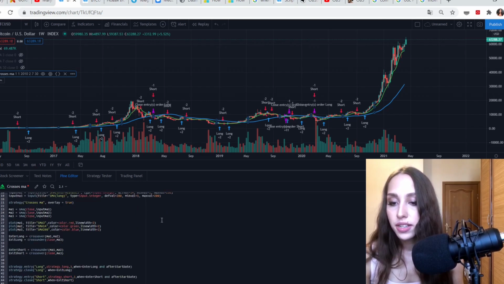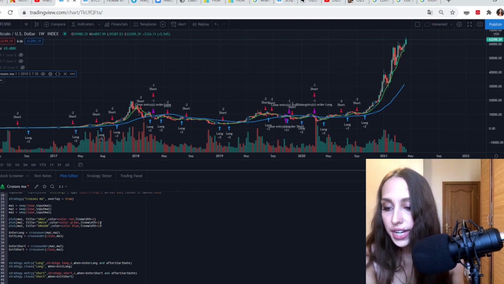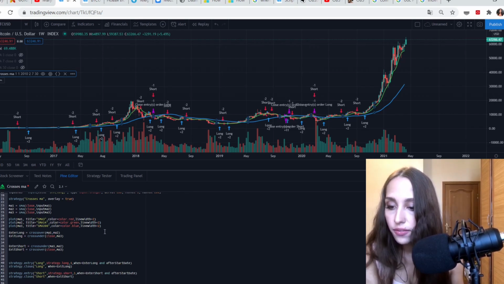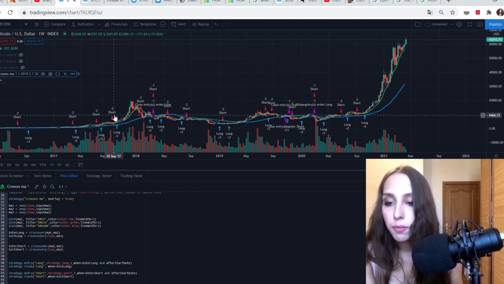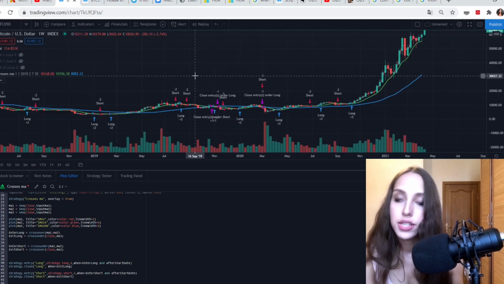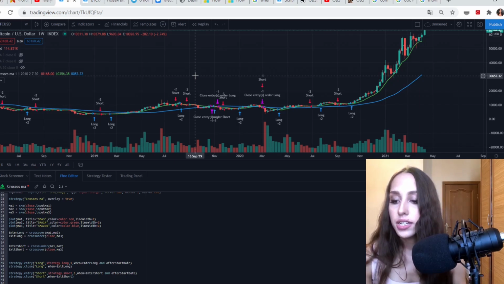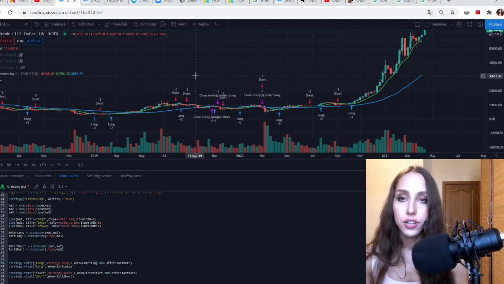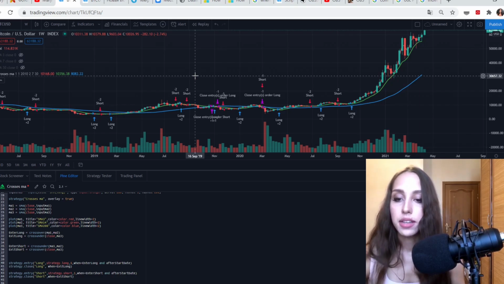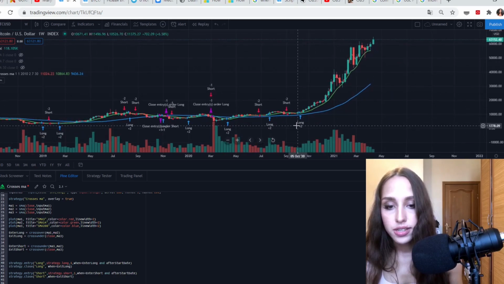So basically, as you can see right here, we enter a trade when we have a crossover. Basically, every time the short period moving average goes above the intermediate term moving average. And we exit a long trade when we have a cross under between the closing price and the long-term period average. So as you can see right here, we are still in a long trade.